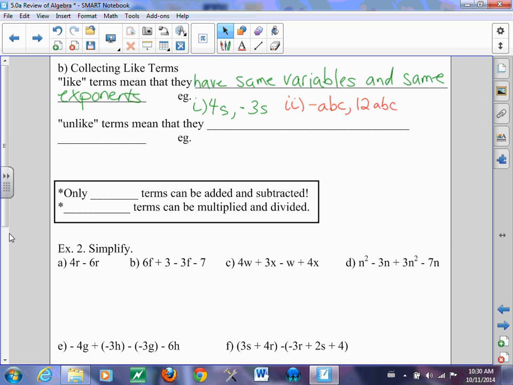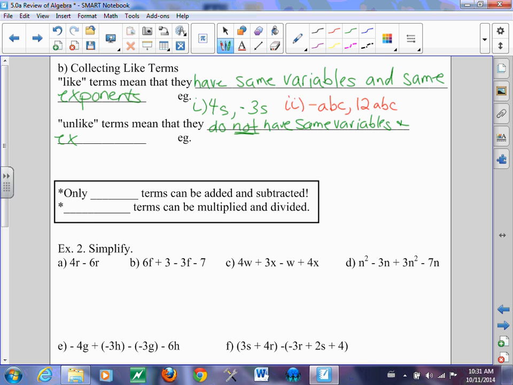Unlike terms mean that they do not have the same variables and exponents. Okay, we'll do a couple examples of these.